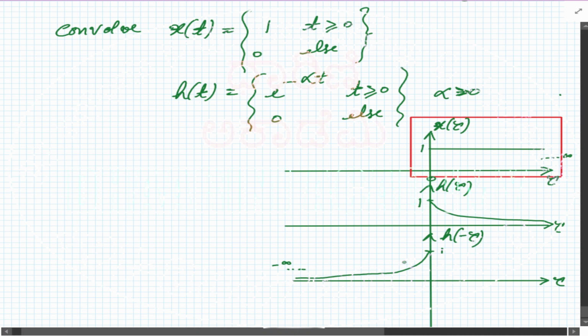The equation says tau should be from minus infinity to plus infinity. But starting from minus infinity till 0, you see that x of tau does not exist. x of tau is 0.